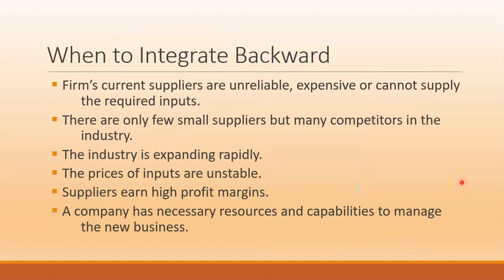Alright, so let us look now at when to backward vertically integrate. We do vertical integration backward when the firm's current suppliers are unreliable, expensive, or cannot supply the required inputs. Because that would mean that their suppliers are holding up their business. If they're unreliable, they're probably delivering late.